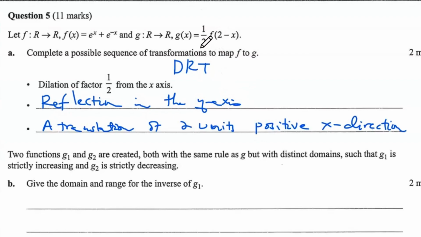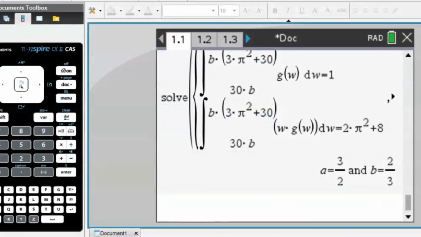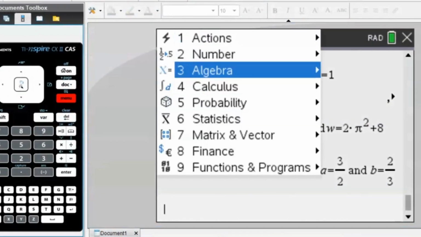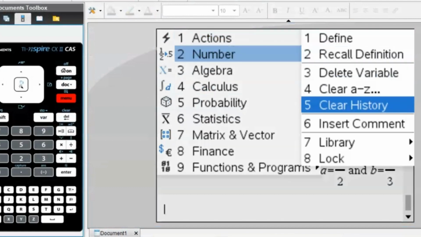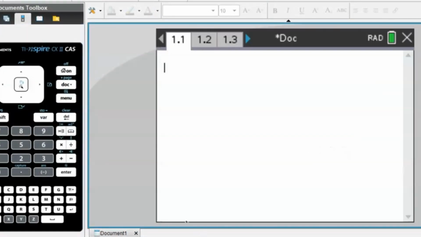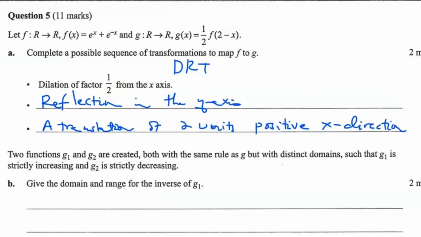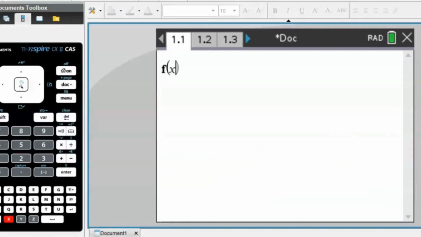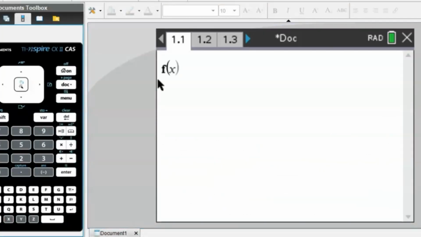So now if I define that function, let's create a history. All right, now f of x, g of x.